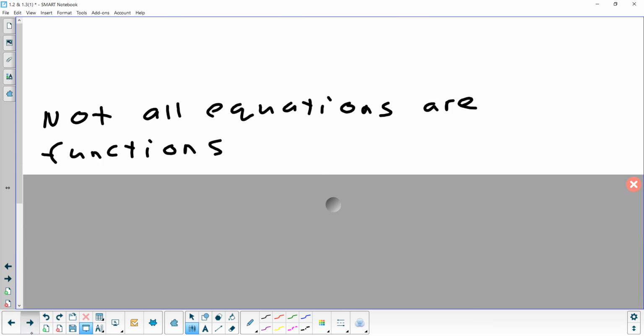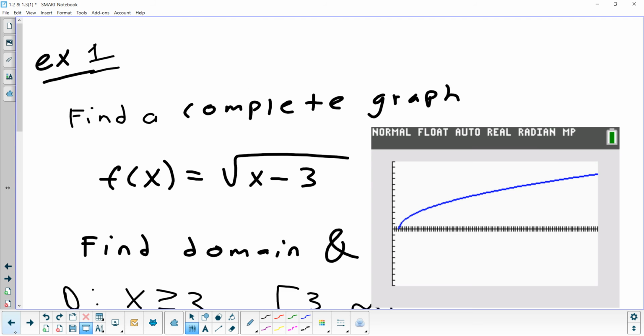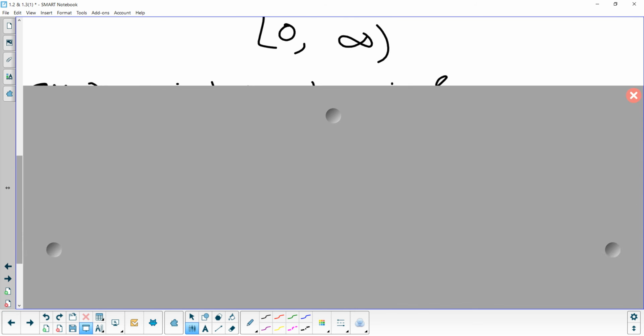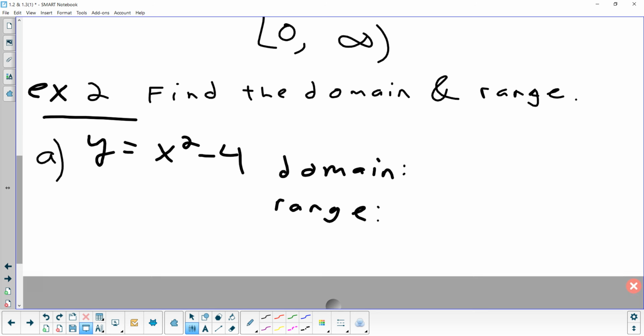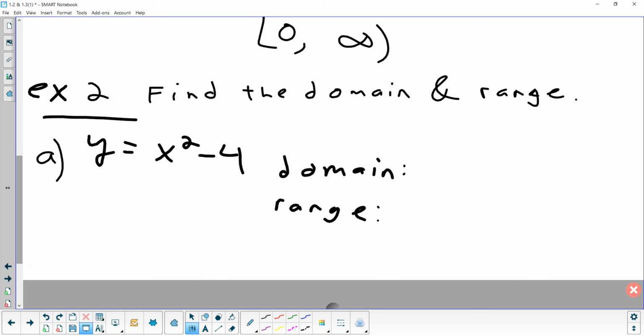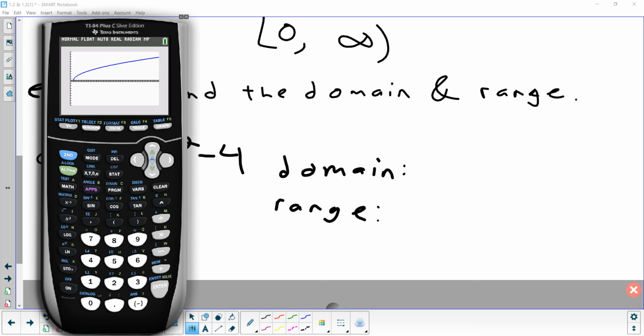What else do I have? Okay, let's try this one. So x squared minus 4. Clear anything else you got?